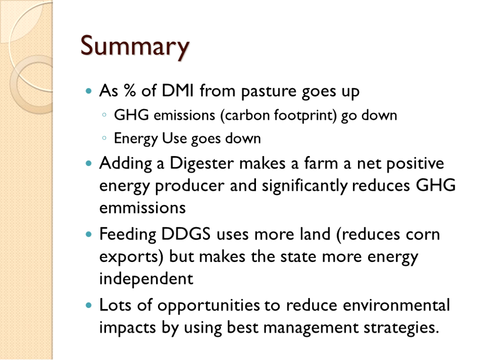The distiller's grains does use more land, but it does make at least Wisconsin more energy independent. So we're using like 10, 15, 20% more land as an energy resource. That means we have domestic energy production rather than imported energy production, so there are some economic benefits there as well.